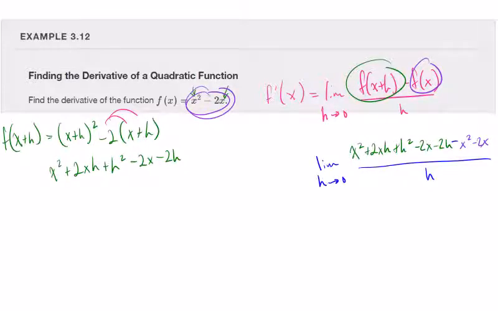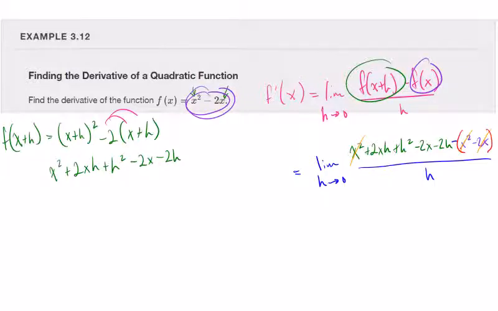as h approaches 0. So what's going to happen, and we've seen this before, is that our x squareds are going to cancel out. And I forgot to put parentheses around here. When I subtract this value, I have to subtract that whole value, right?